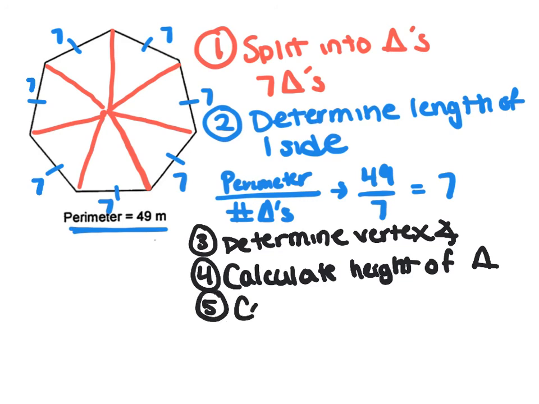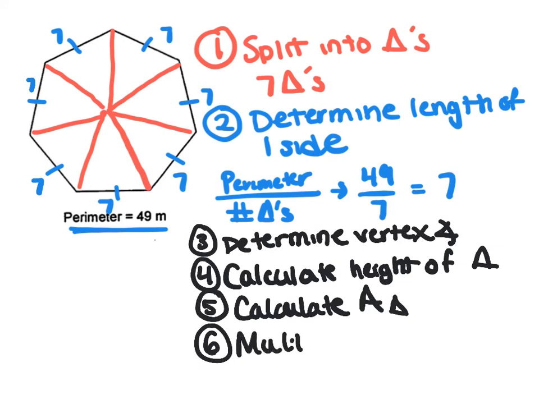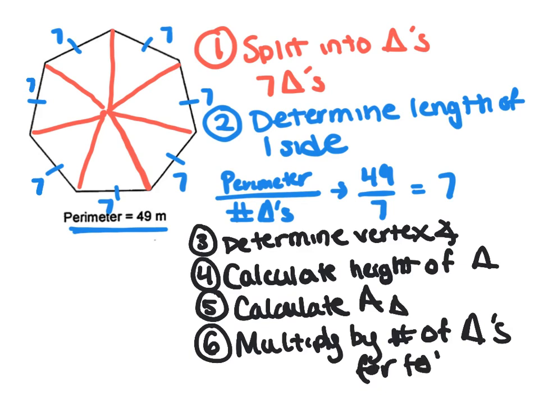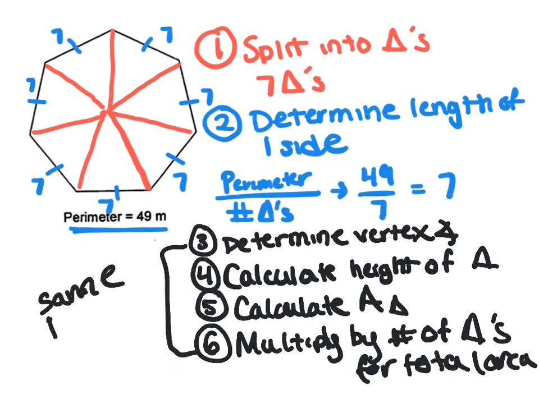Then you would calculate the area of the triangle. And then lastly, multiply by the number of triangles for a total area. And again, these steps are the same process as example 1.